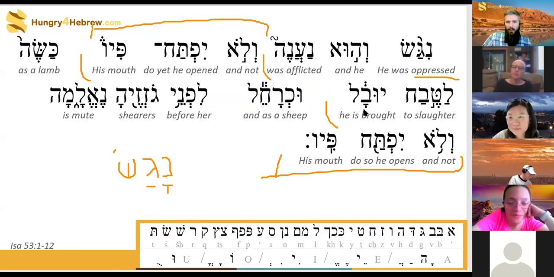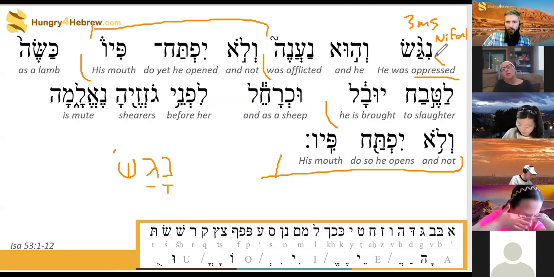Great. He was oppressed, 3ms Nifal. The nun on the front is the Nifal. The missing root letter in the gimel is your root letter. Vehu na'aneh.